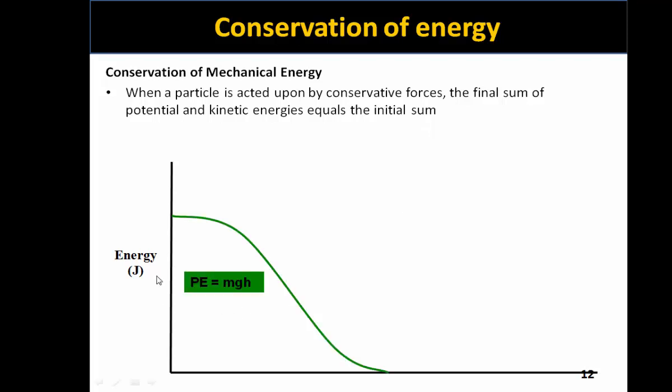So on this graph here, we see that potential energy is highest at the start point, or at the maximum height, assuming mass and g do not change.